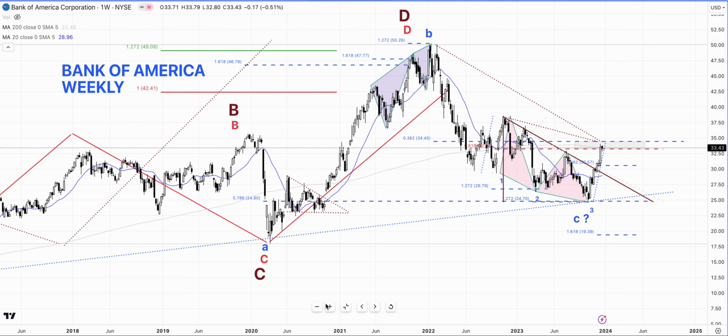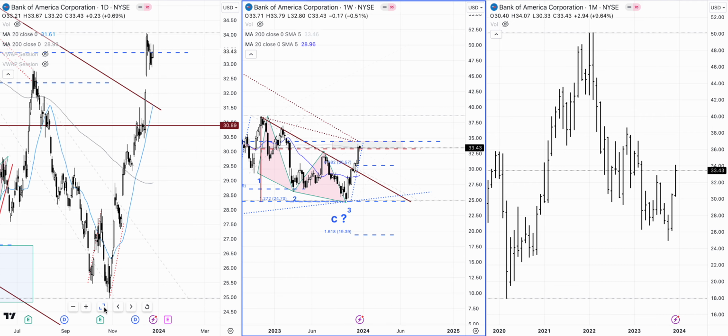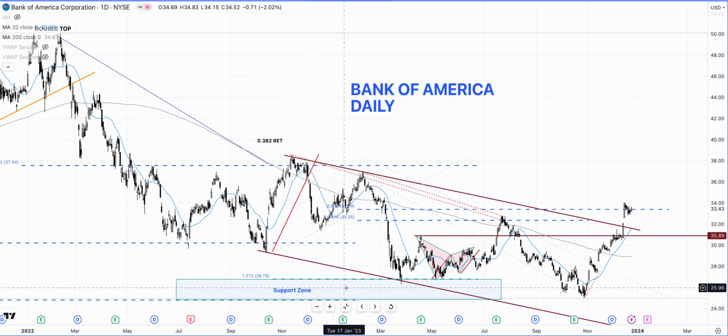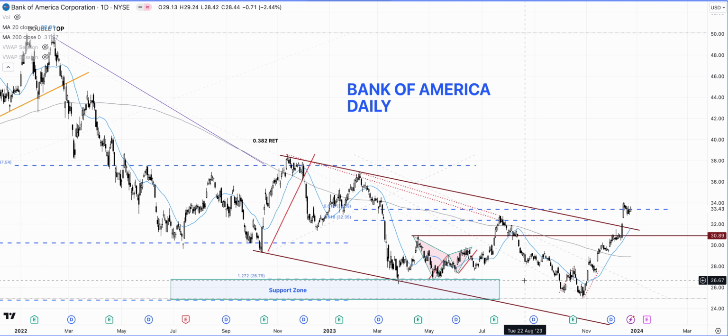Moving back to the daily chart, this is how we were tracking it. We had identified in advance this support zone, and for shorter term traders, this would have been a low risk area to try some longs as well. Again, not financial advice, just based on the zone that we're watching for.